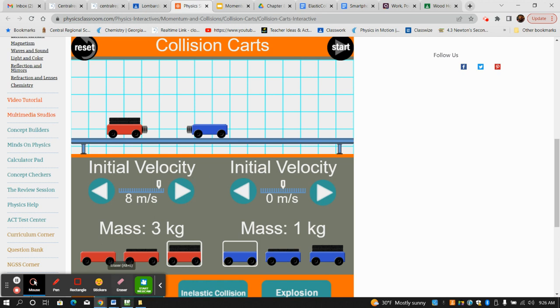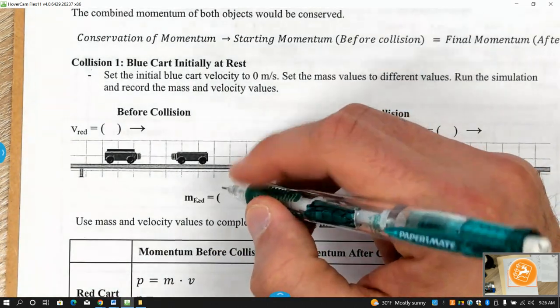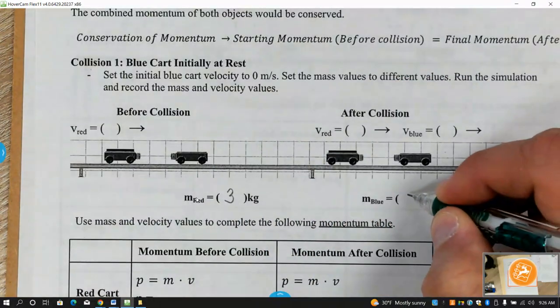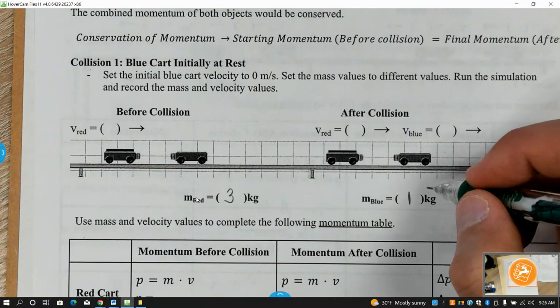So what I need to do then is write some of this information down. The mass of the red car, I made it 3. The mass of the blue car, I made it 1. You guys will have differing numbers.